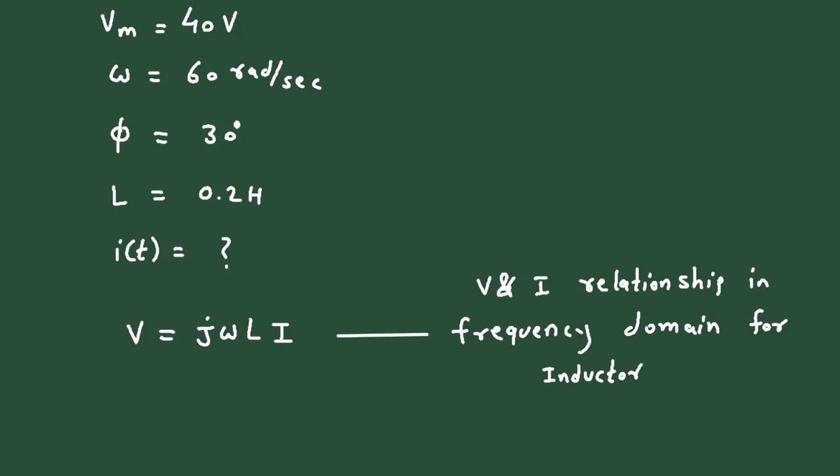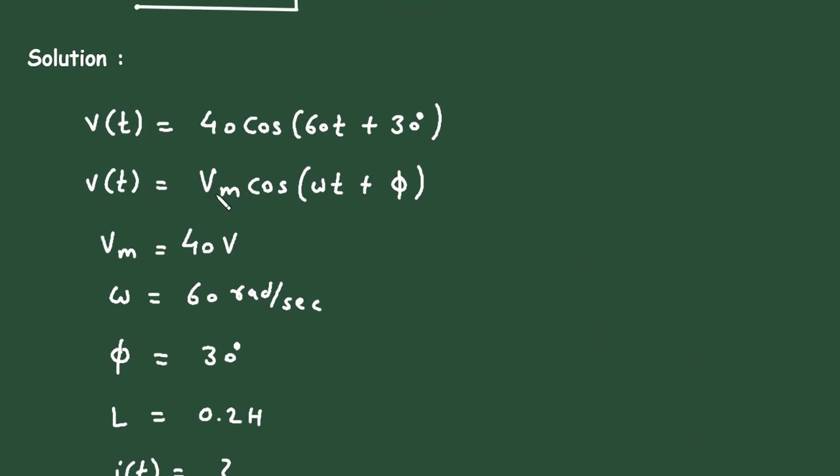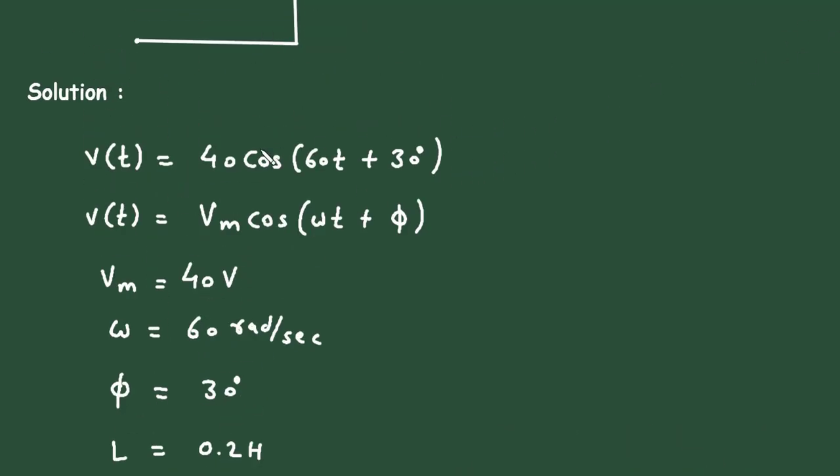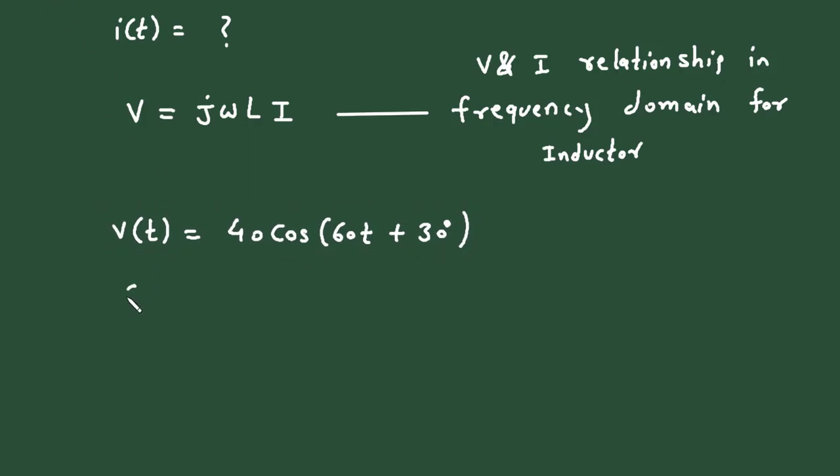Now we can substitute all the values. So here we can see this voltage is given in time domain form. So let's copy this and convert it into phasor domain, which is also called phasor domain or frequency domain.